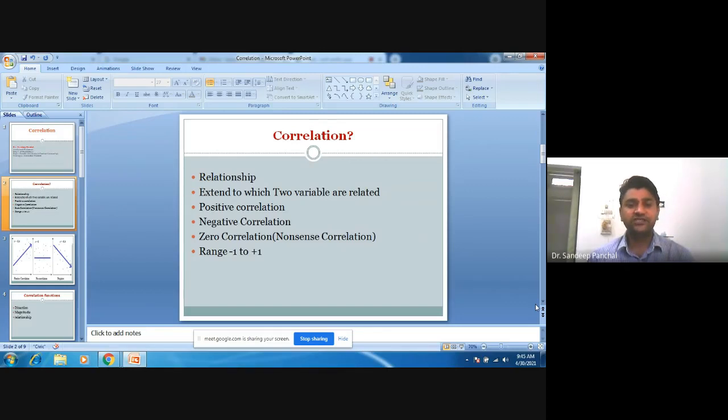So this is the range. And I also want to tell you that we are using the term correlation coefficient.